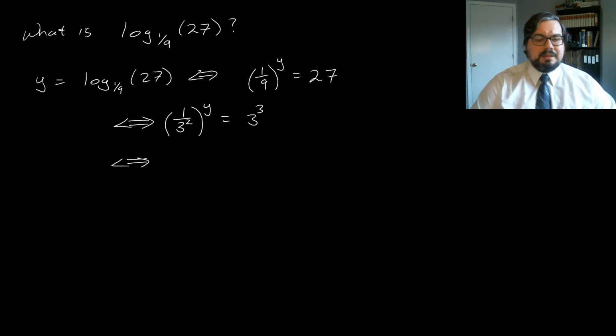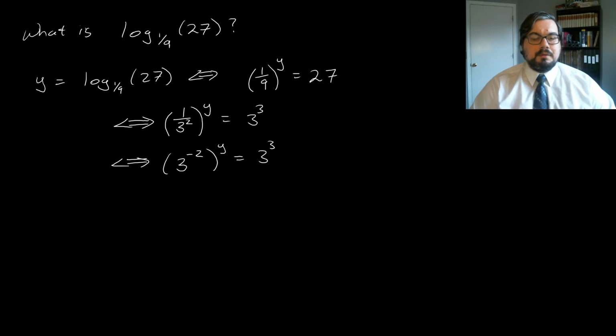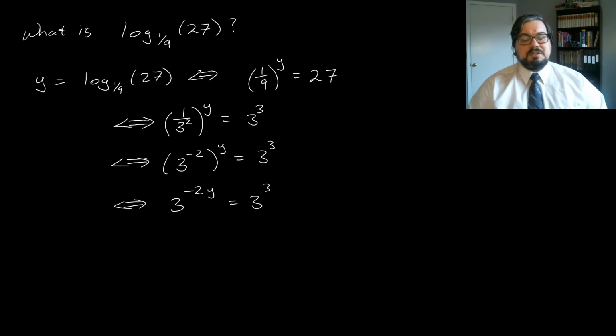All right, getting there a bit. On the left, 1 over 3 squared I could rewrite as 3 to the negative 2. And then finally, on the left, I've got 3 to the negative 2 raised to the y. That gives 3 to the negative 2y, which is 3 cubed.